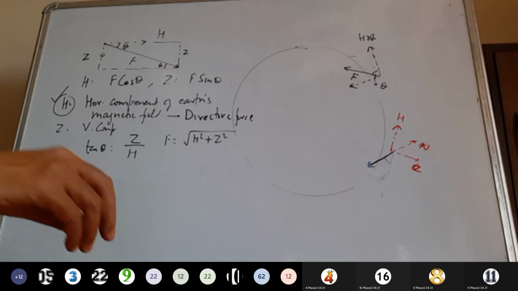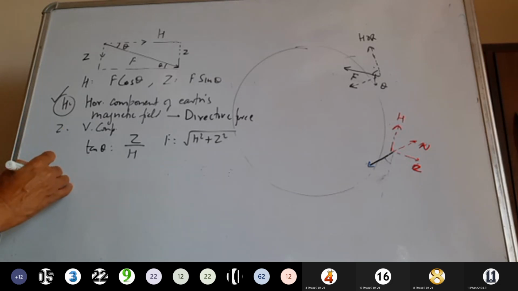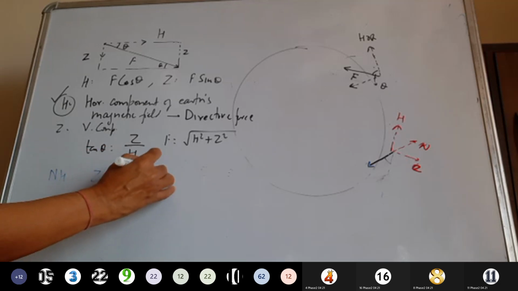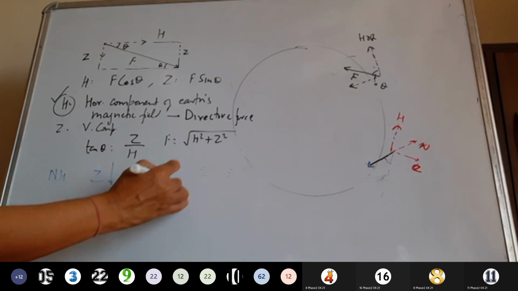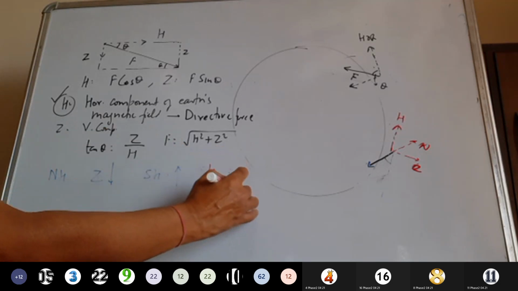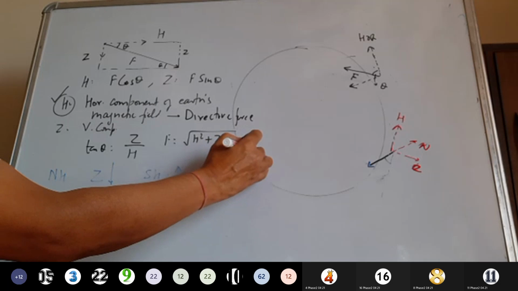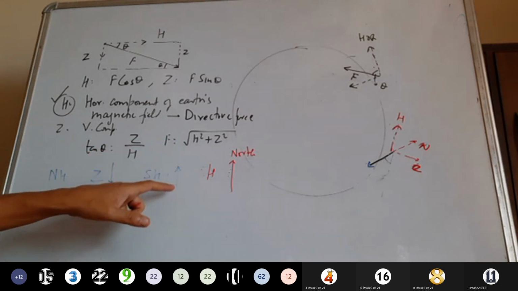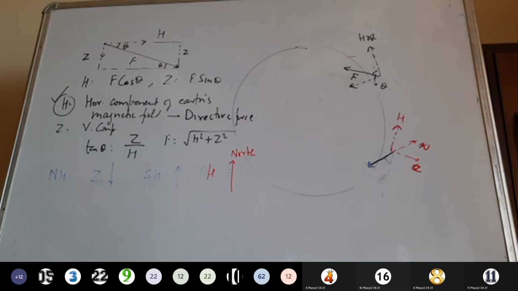But the direction of H is always towards north, at any point on the surface of the Earth, northern or southern hemisphere. It is this force H which is responsible for bringing the magnetic compass needle to point towards the northerly direction.